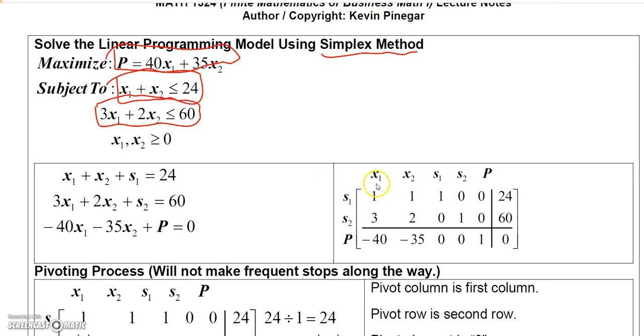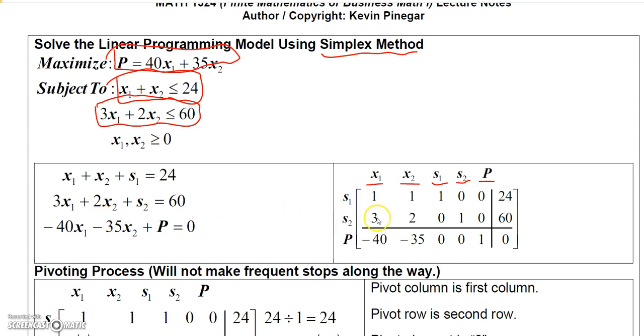So usually it's best to identify your columns first. That way you make sure you have plenty of room for everything. So I'm going to have a column for x1, a column for x2, a column for s1, a column for s2, and a column for p. And then if I write the coefficients of the first equation here, I've got 1x1, 1x2, and then 1s1, and then there's no s2 or p, and then you have 24 for your constant.